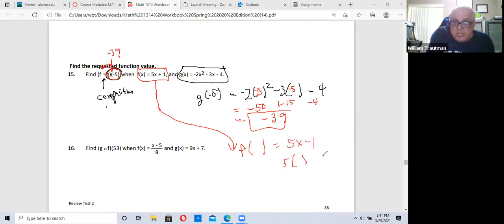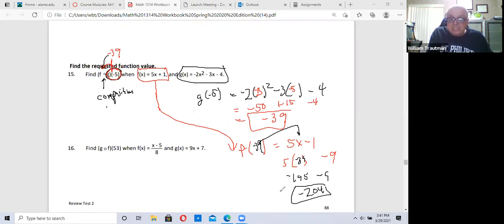We're going to put the answer, -39, into F, put -39 into the x. 5 times a -39 is -195. -195 minus 9 is -204.